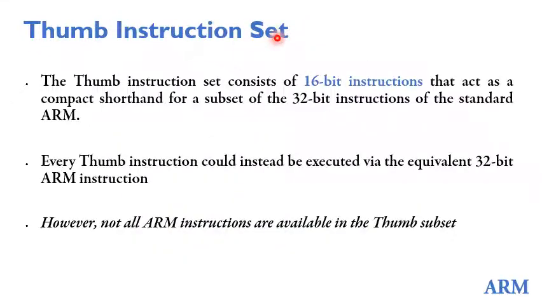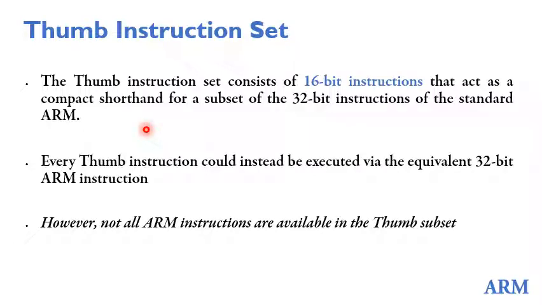Thumb instruction set. The earlier ARM processors consisted of two instruction sets. One is the ARM instruction set, which has 32-bit instructions, and the other one is the thumb instruction set, which has 16-bit instructions. This thumb instruction set is nothing but a subset of the 32-bit ARM instruction set.